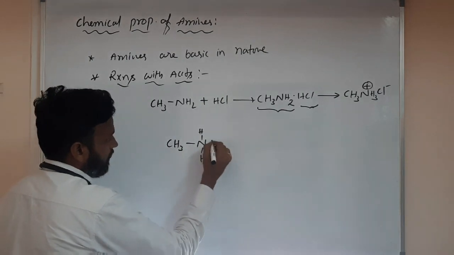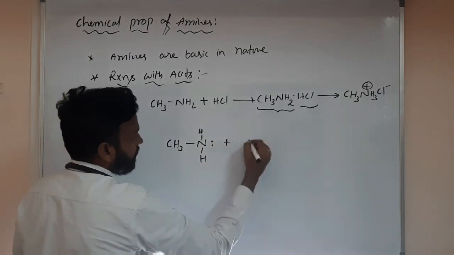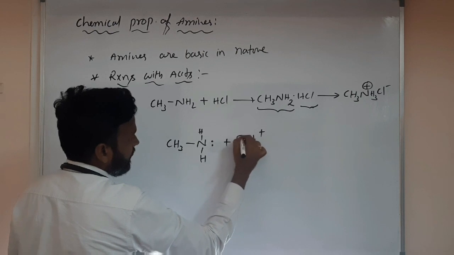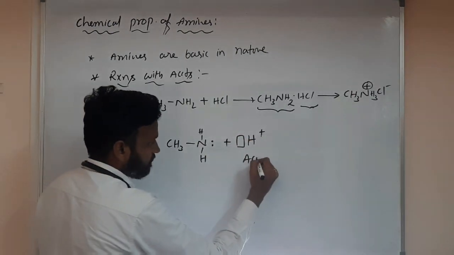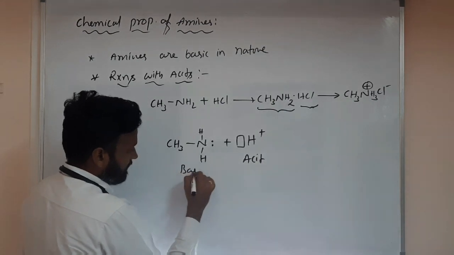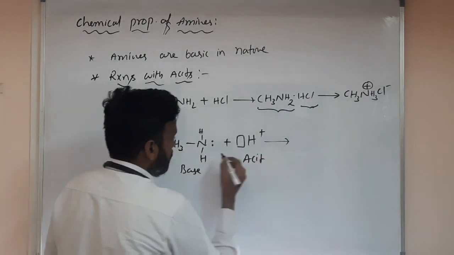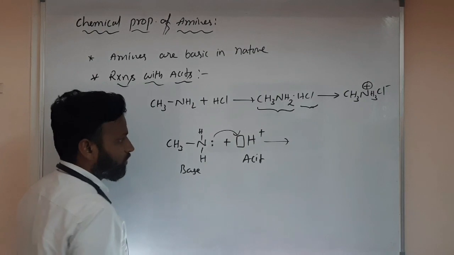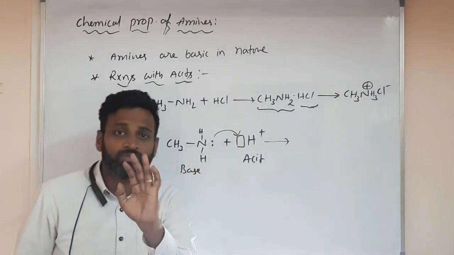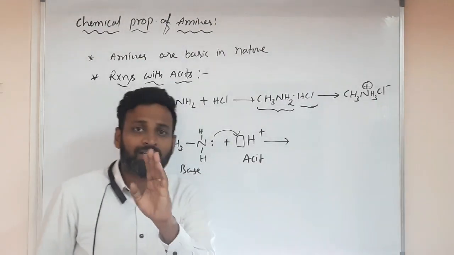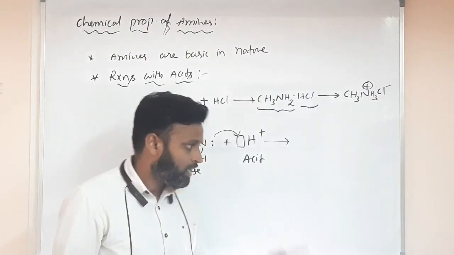CH3NH2 has a lone pair. From the acid, H plus has an empty orbital. This now acts as a base. The lone pair is donated to H plus and forms a dative bond. Donated means, remember, it's not complete shifting.